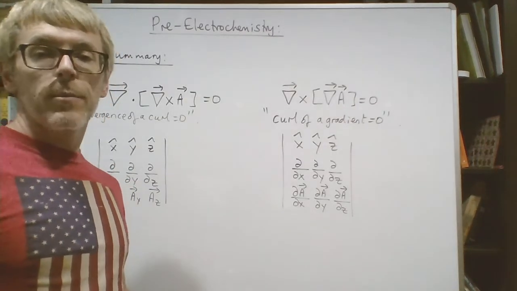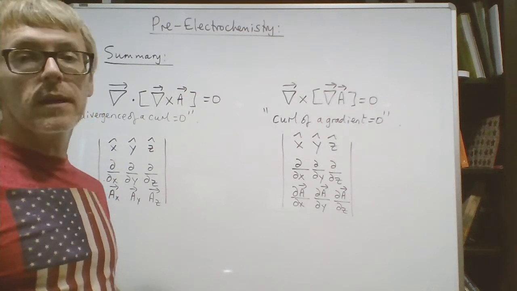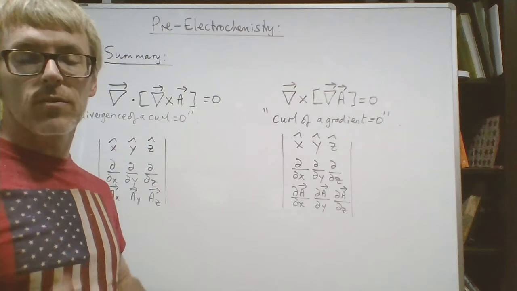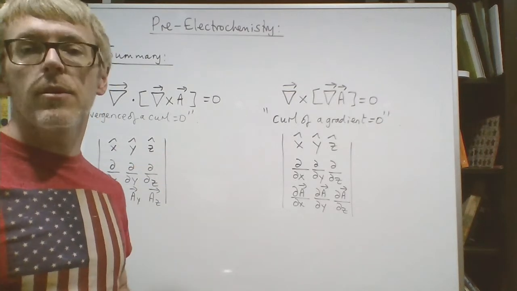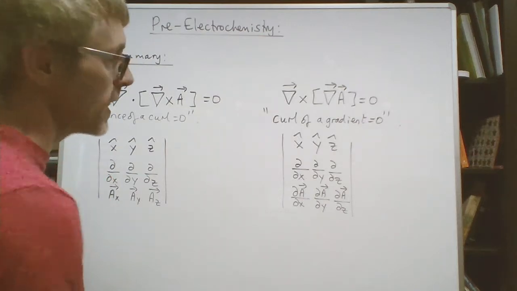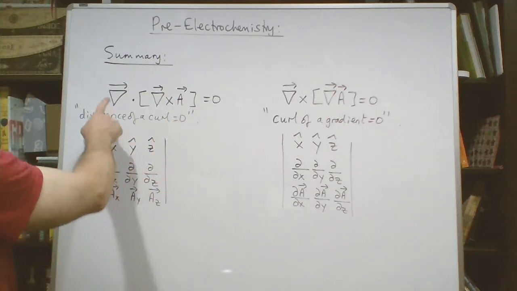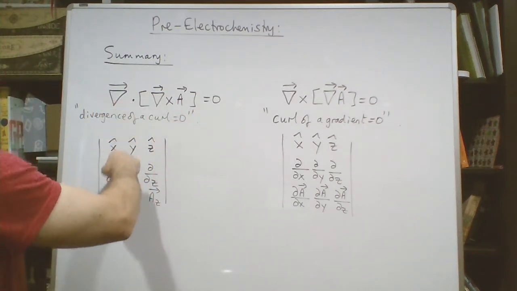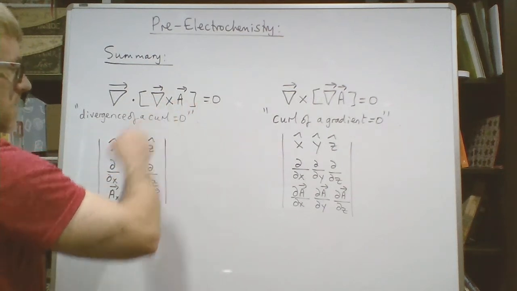So just to wrap up this math heavy pre-overview of electrochemistry, so to preface us with some background ready to start using some of this terminology in electrochemistry, let's just summarize what we've come up with in the last half an hour or so. So the two big equations were that the divergence del dot of a curl del cross of some potential A is 0.